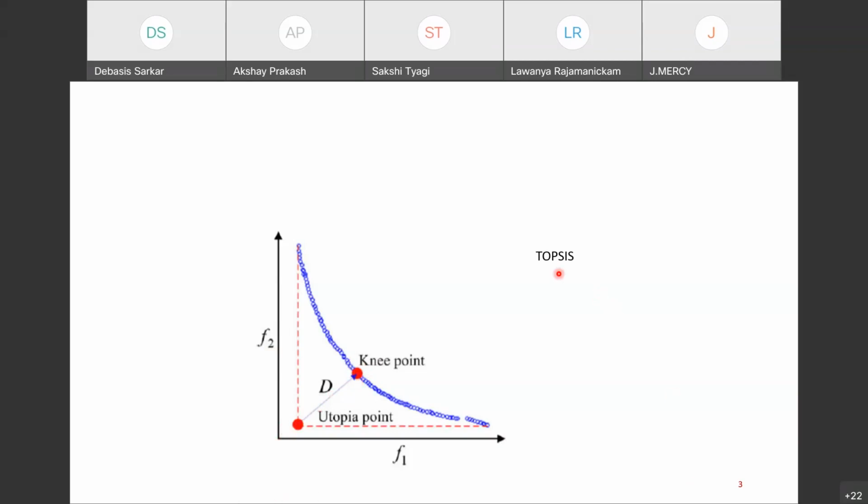A very good technique, as I told you, is methods based on entropy. And this I did not mention yesterday: those who are interested can go through the method known as TOPSIS. Please Google TOPSIS and you will get a lot of publications. This method is much older than the non-dominated sorting genetic algorithm.